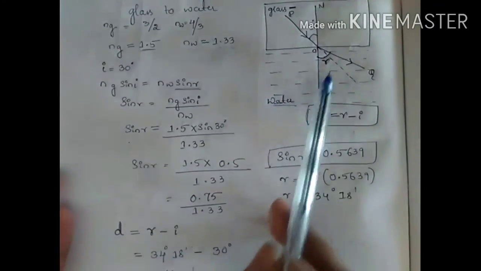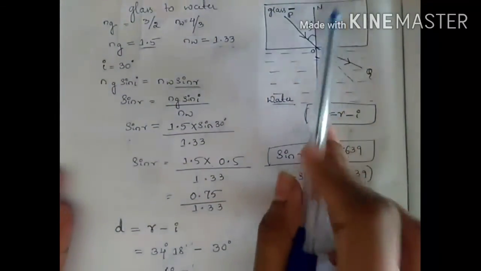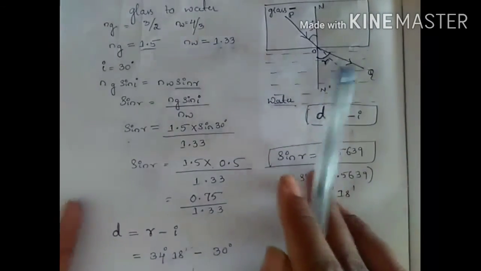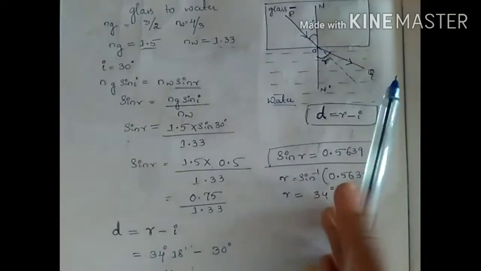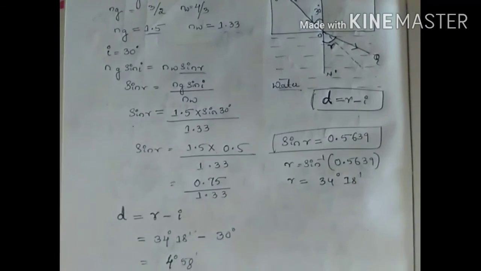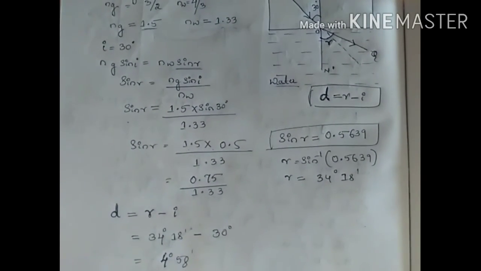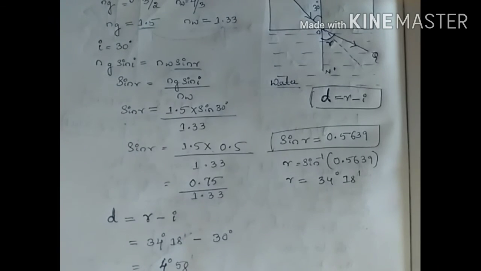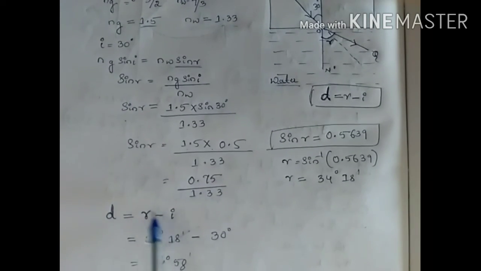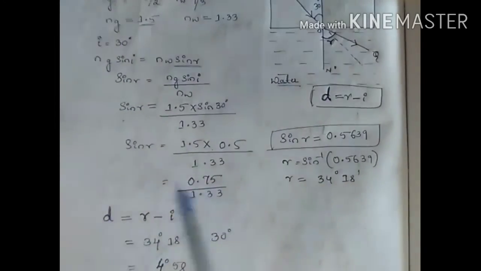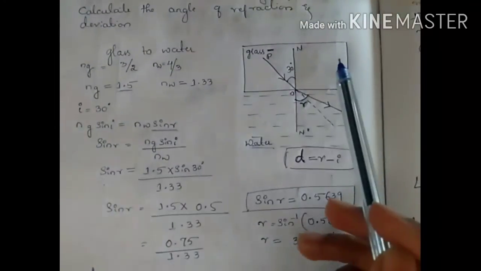So try to understand how to draw the ray diagrams before solving the problems. From this ray diagram we understood D is equal to r minus i. Then we can easily substitute the values that we have got here and find the angle of deviation.